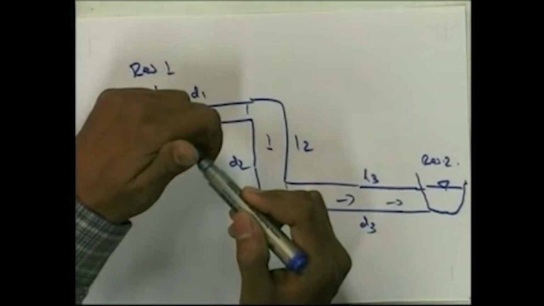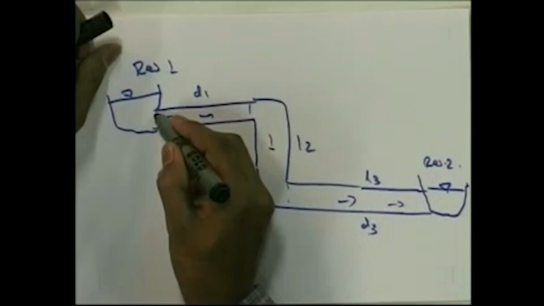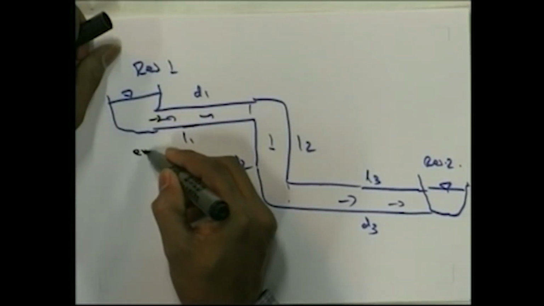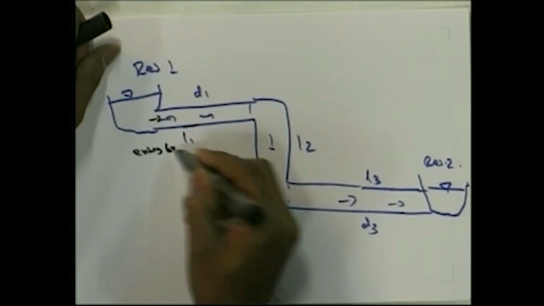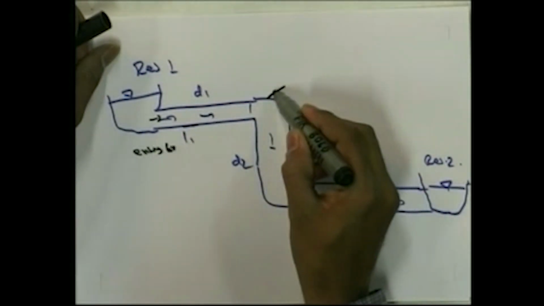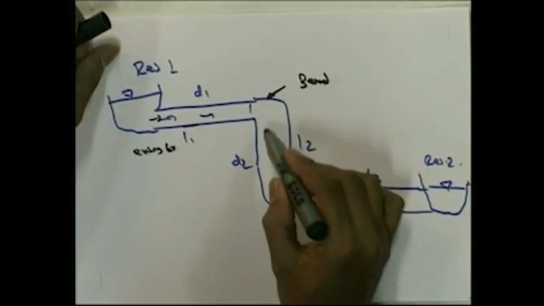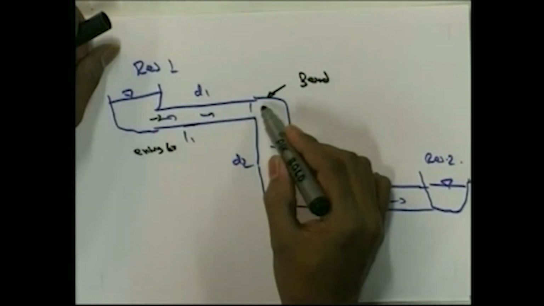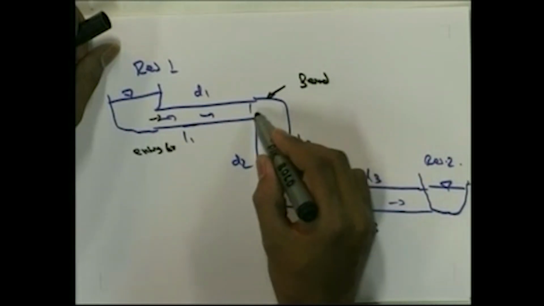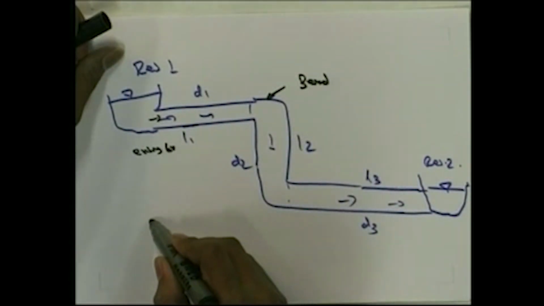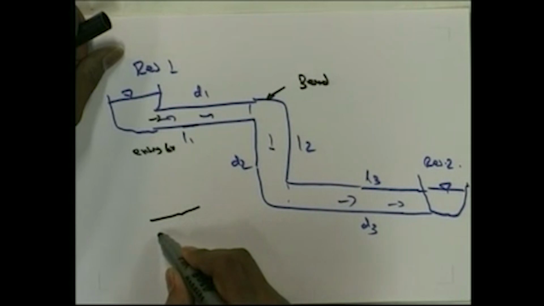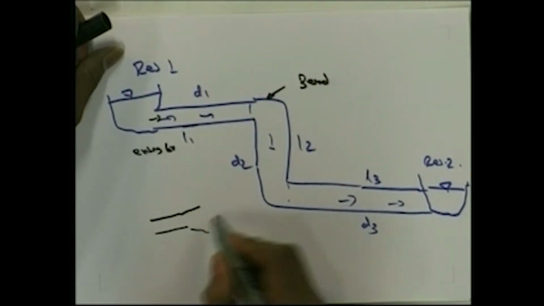Minor loss means, here you can see that when the pipe enters from this reservoir, there will be an entry loss here, and then if there is a bend here, there will be a bend loss. Then again it is entering a larger diameter, from a small diameter to a larger diameter, so there is an expansion.